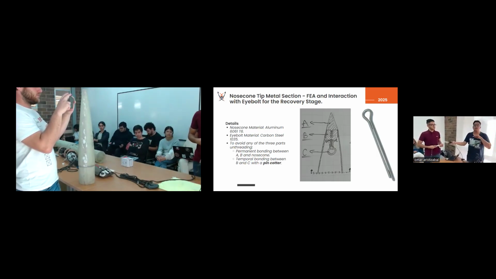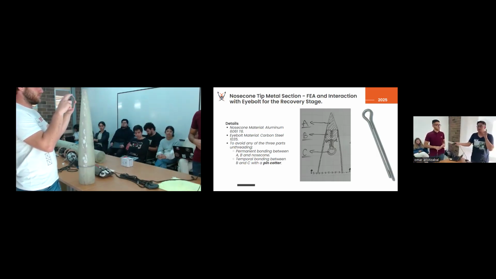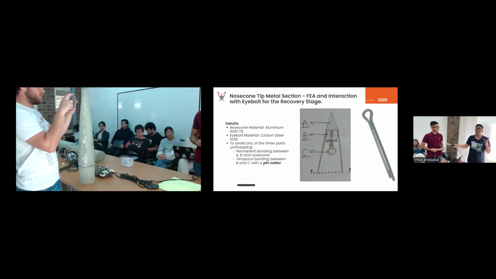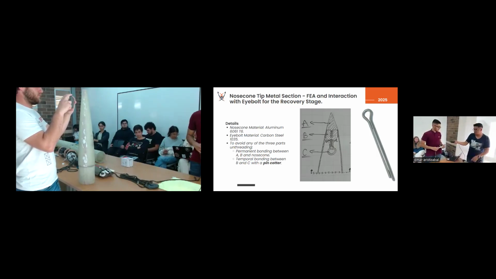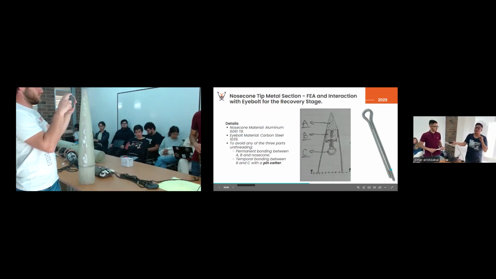We did all the research with the technical specifications of these epoxy adhesives, and the team also did all the calculations to determine that this epoxy is strong enough for all the forces the rocket is going to experience. In general terms, this epoxy is certified to be used in this rocket.